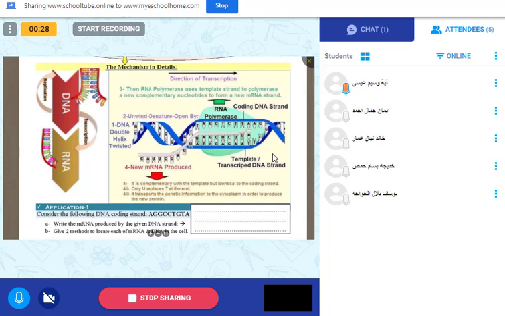Let's read number 4 please, Aya, if you can. A new mRNA produced. So now you make a new mRNA. Right? Yes. Now let's see the details.